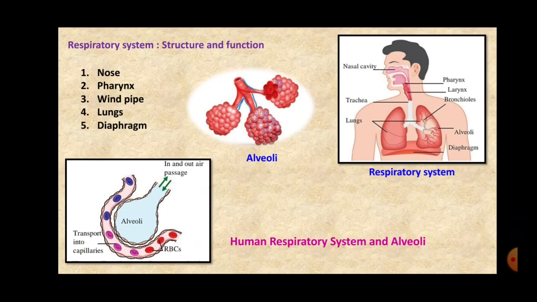The whole cavity where the lungs are present is called as the thoracic cavity. So there is a small partition at the base that is called as diaphragm, and it is made up of muscles, and this is present between the thoracic cavity and the abdominal cavity. Now the ribs are there in this thoracic cage.